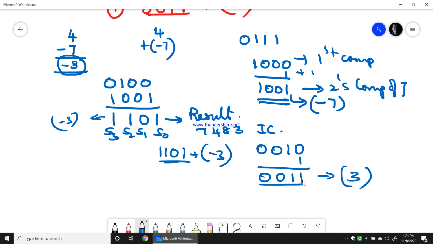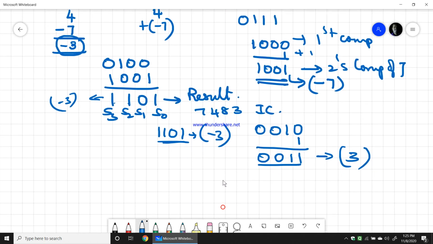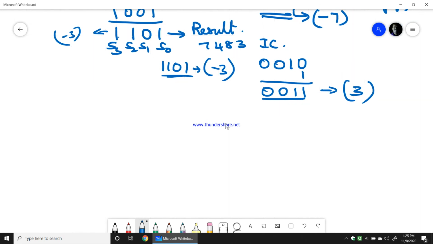Because the 2's complement of 0 0 1 1, which is 3, will give you 1101. Therefore, we say that whatever result I got, 1101, is correct, because when I do manual calculation by converting this 1101 to its 2's complement, I get 0011. So this is how the process of subtraction is done in the parallel subtractor.